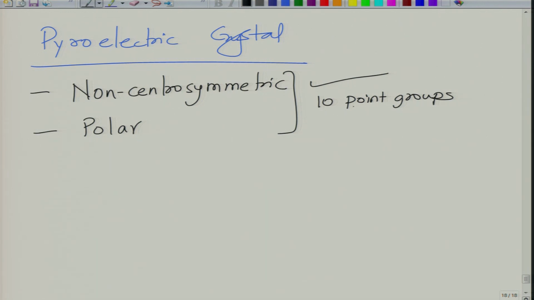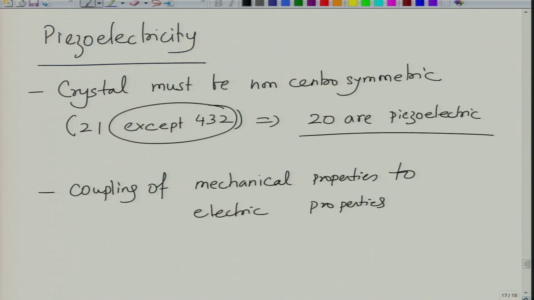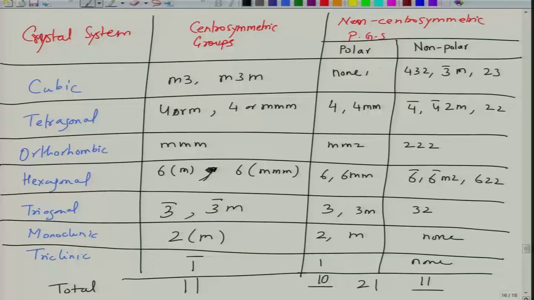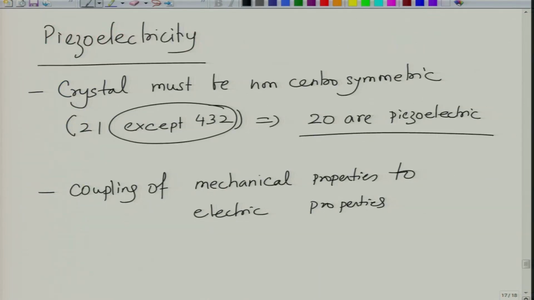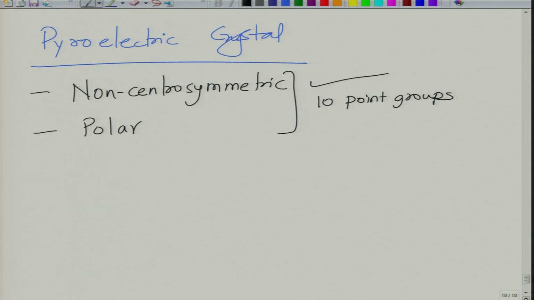So, there are 10 point groups on the left that we drew, all of these are non-centrosymmetric and polar. These materials are all pyroelectric. So, what is a pyroelectric material? It couples temperature with electrical response.